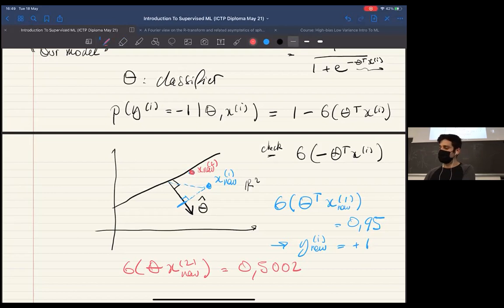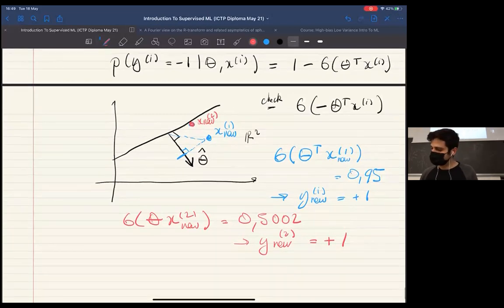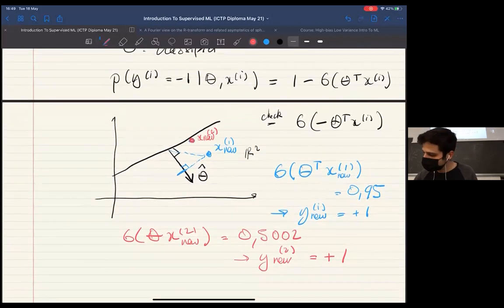You will also classify this point as belonging to the class 1, but at the same time, you know that it's a point which is really close to the decision boundary. So it's hard to classify. You're not so confident in your decision, okay? Because here the orthogonal projection is a small number.